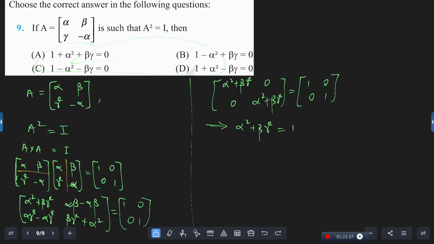Search for where it is in the options. If it is not there, alpha square plus beta gamma minus 1 equal to 0 is possible. Or if it is not there, take everything to the opposite side. So what will you get? 1 minus alpha square minus beta gamma is equal to 0. From these 3, any one will be there in your option.